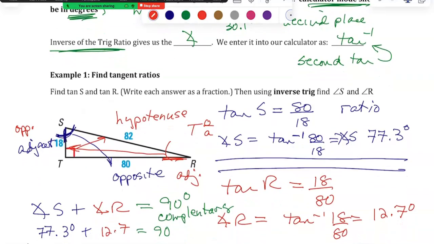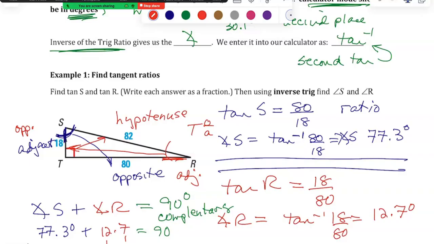Let's just prove that. 77.3 plus 12.7. 7 and 3 are 10, put down the 0, carry the 1. 7, 8, 9, 10, put down the 0, carry the 1. 7, 8, 9, bingo. 90 degrees, those are both the correct angles.